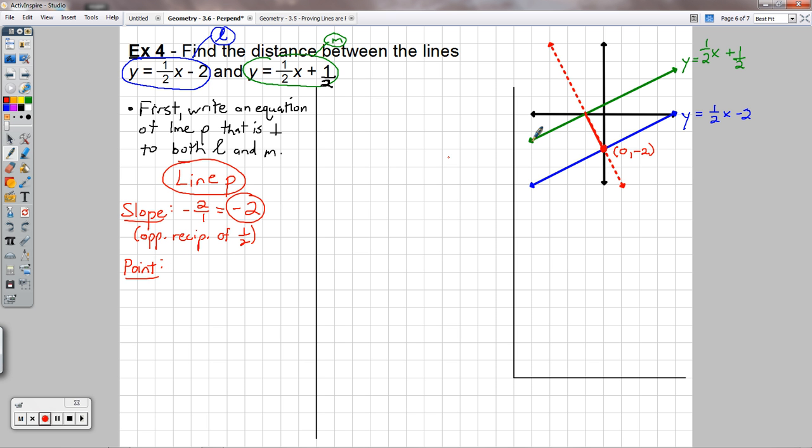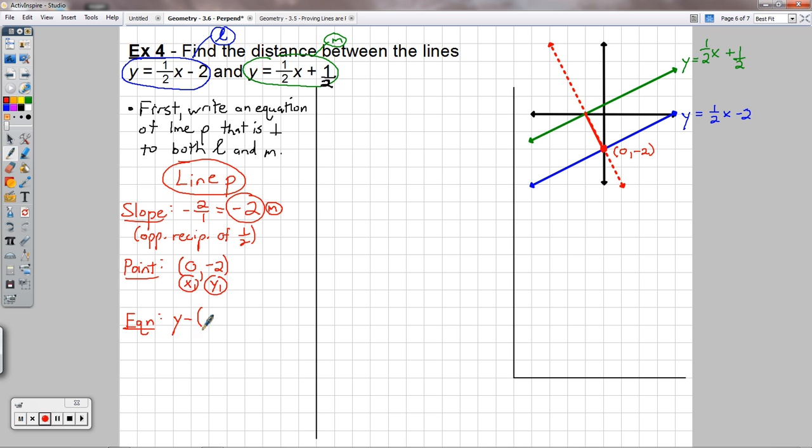So pick one of these y-intercepts, pick the easier one to deal with. In this case, this is definitely the easier one to deal with. So we will use 0, -2 for my x1 and y1. This is my slope. This is my m value. It's not line m, it's the slope value of the line P. And so from there, the equation is going to be in point-slope form.